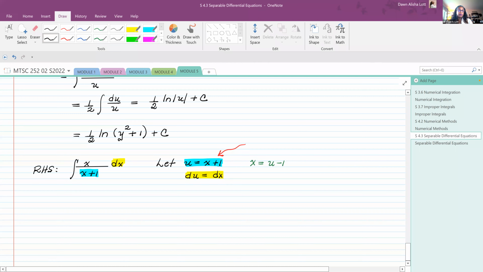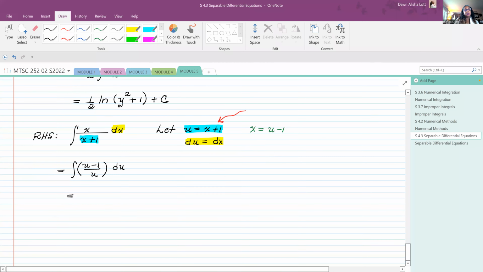All right. So this is the integral. In the place of x, I get u minus 1 divided by u du. And we would have gotten the same thing if we had done long division.